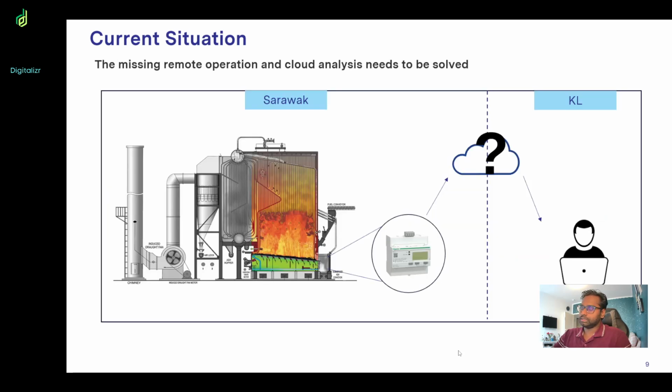So what is the current situation? What kind of solution is lacking in this setup? As we grow more in remote-based business operation, the owner of the business would like to have remote monitoring of his boiler system from another place, because the boiler system is situated in a rural, forest area, but the main headquarters of the company is in the main city.